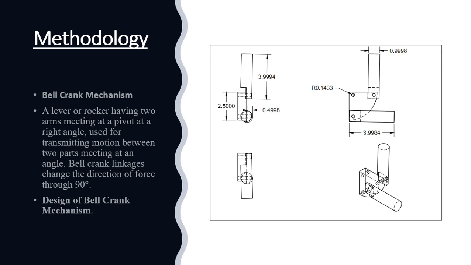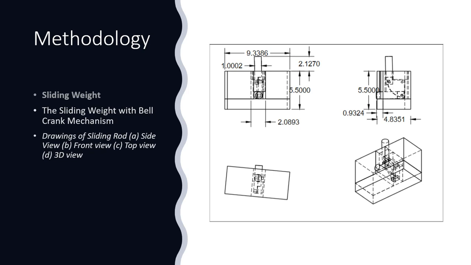The bell crank mechanism is attached to the mast. The two levers of the bell crank mechanism are arranged in such a way that the first one is pointed toward the stopper that is connected with the chain, and the second one is pointed towards the upper part of the assembly.